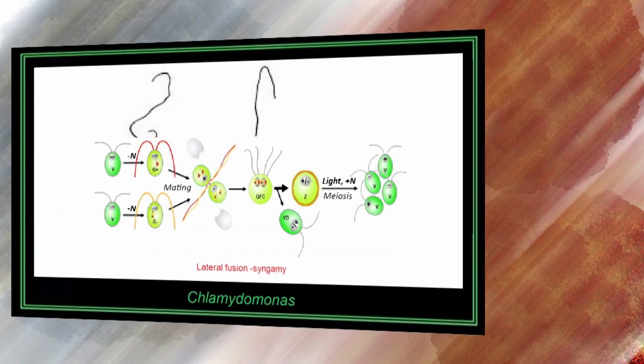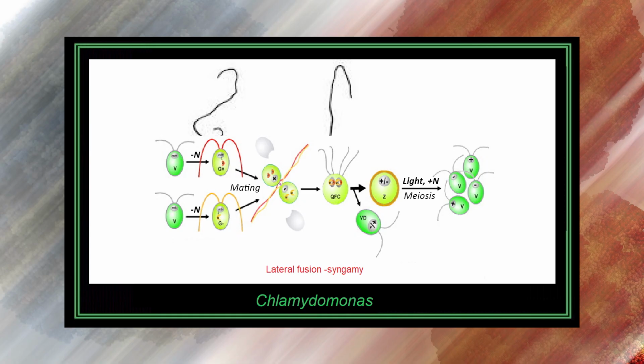In heterothallic species, positive and negative gametes cluster together, and this phenomenon is called clumping. The gametes of opposite strain fuse by the anterior end, that is apical fusion, or lateral, that is lateral fusion. The paired gametes move away from the clump.